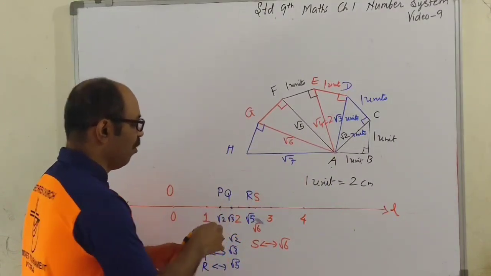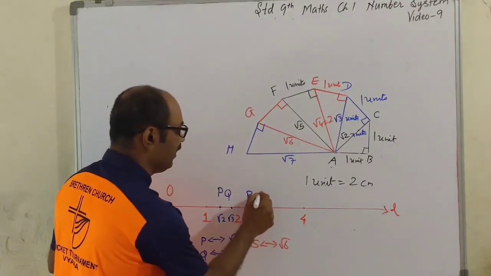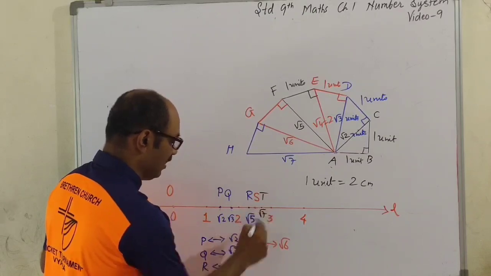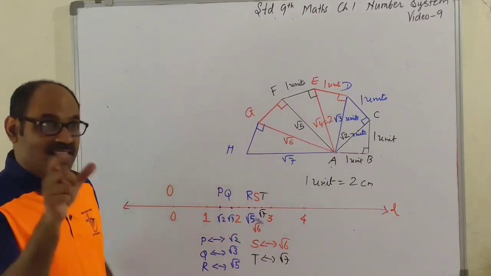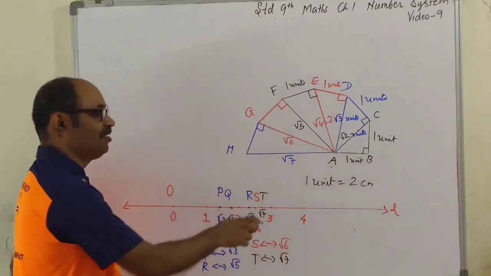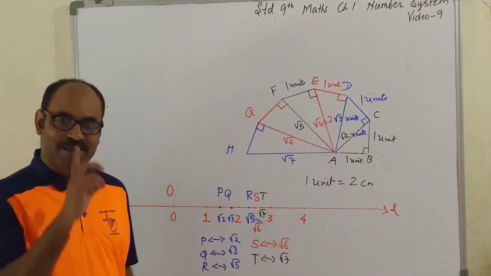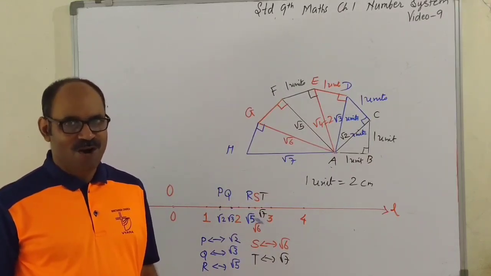That is the point here I got. Call it T, and that is root 7. T corresponds to root 7. But please make sure, if you take here 1 unit equal to 2 centimeter, on this number line also you have to take 2 centimeter. Clear to you? Understood? Sure?